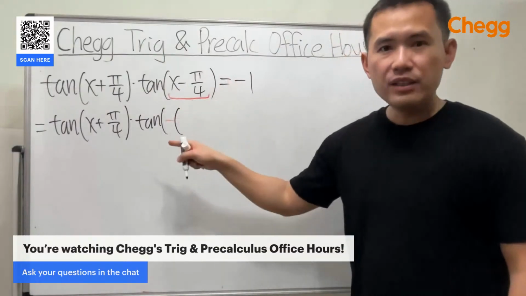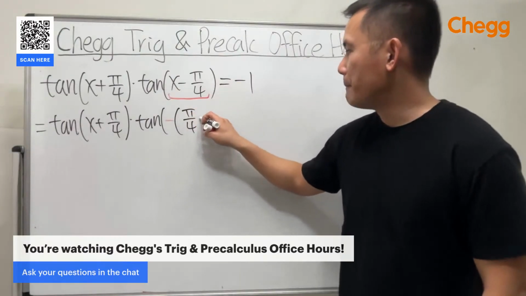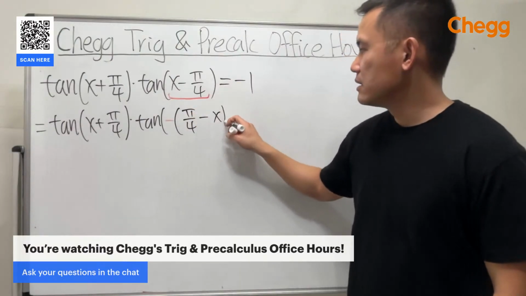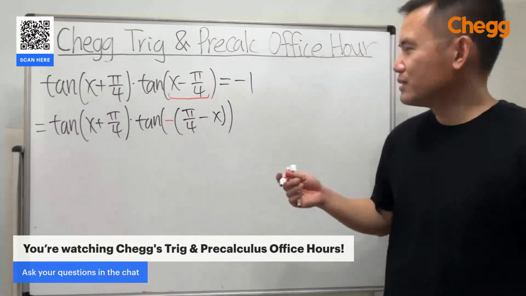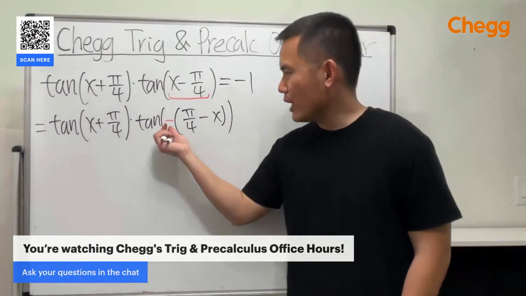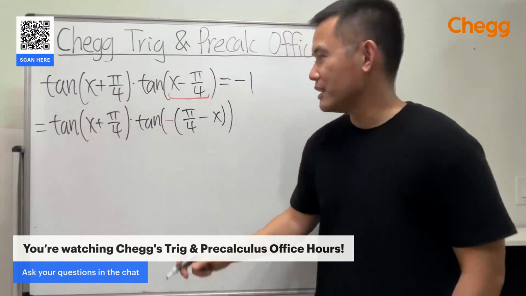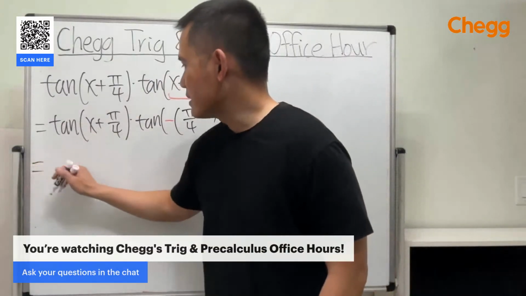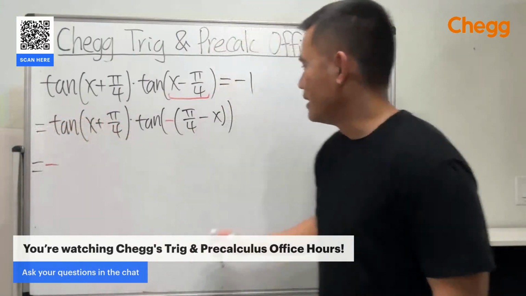So we have tangent of negative pi over 4 minus x. All right, so that's pretty good. The reason I did that is so I can put the negative on the outside, because tangent is an odd function.